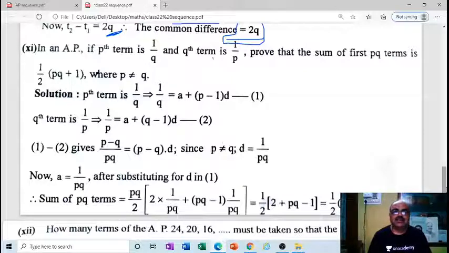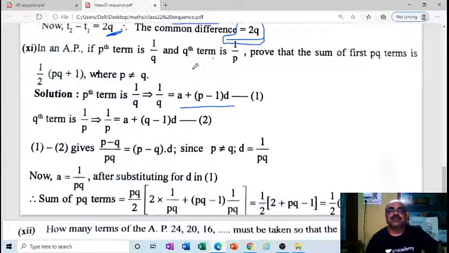The pth term is 1 by q, friends, and this 1 by q equals a plus p minus 1 into d, because it is the pth term. Similarly, the qth term is 1 by p.